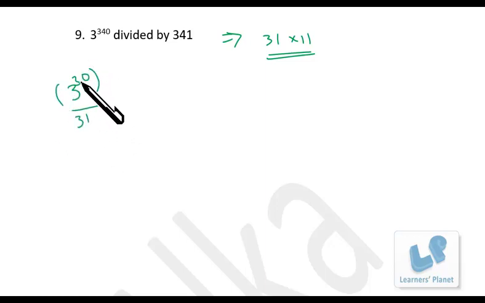So this is precisely 3 raised to 30, 11 times, that is 330. So we are left with 3 raised to 10.